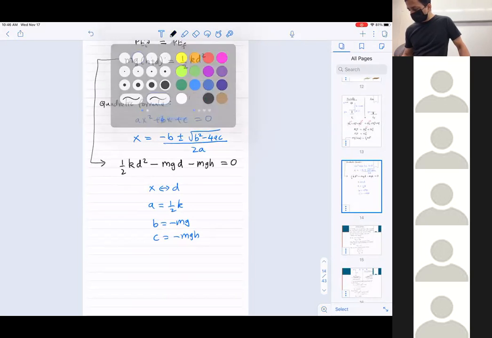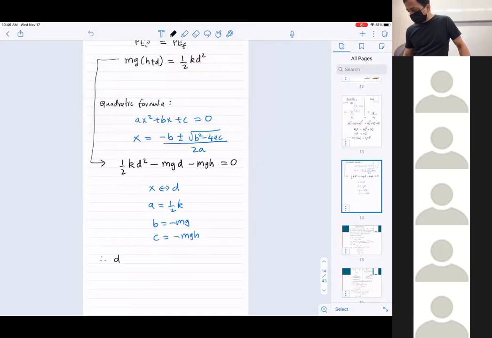And therefore, your d is now going to be minus b, right? B is minus mg. So that's going to be minus and minus will be plus. I can just write it out.